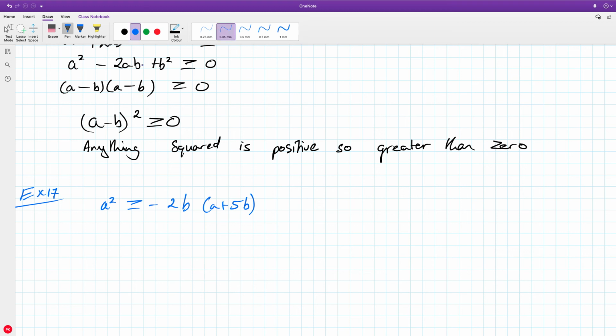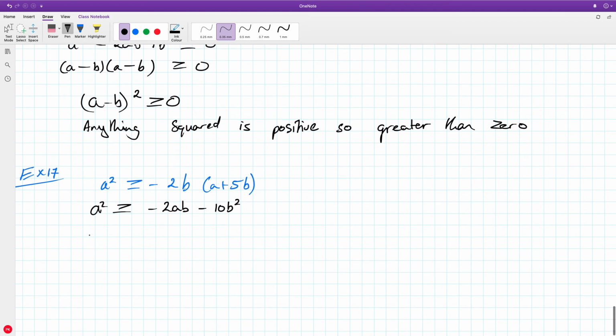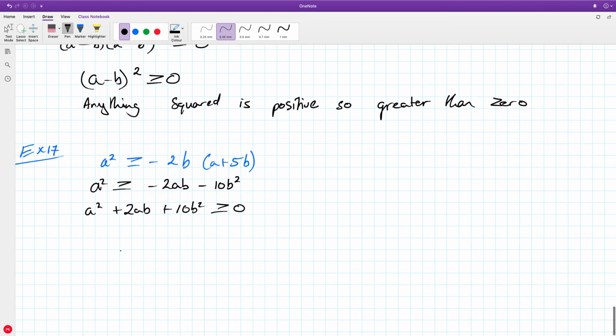Right, see if I can have a go at this time. A squared greater than or equal to minus 2ab minus 10b squared. That's a squared plus 2ab plus 10b squared greater than or equal to 0. Bracket, bracket.